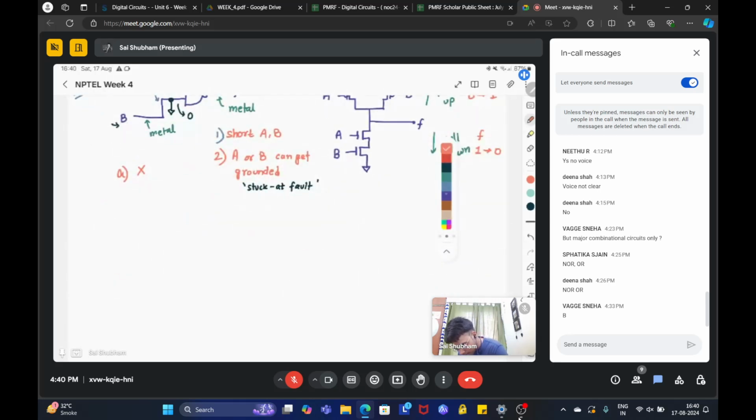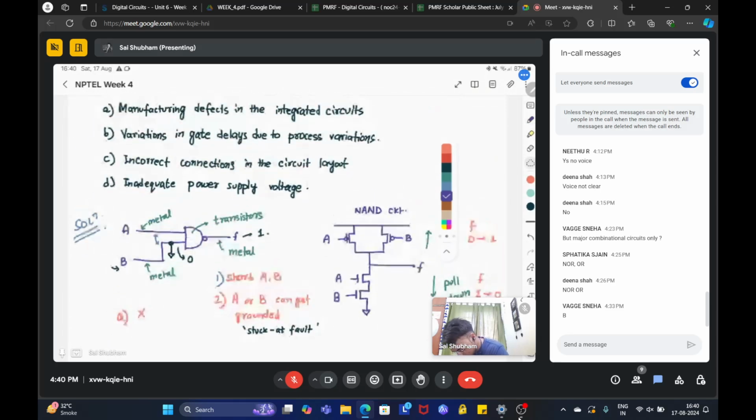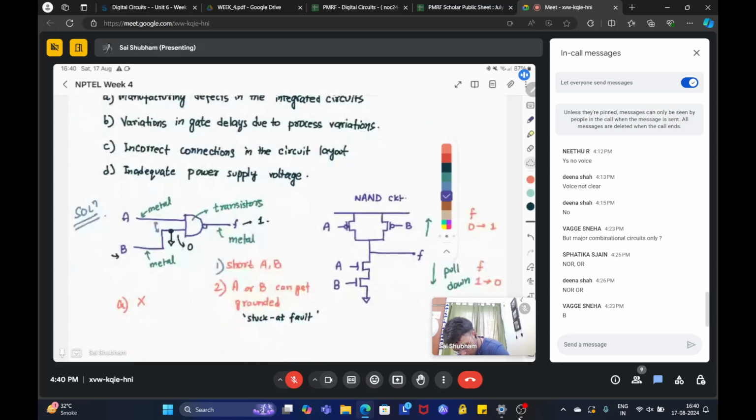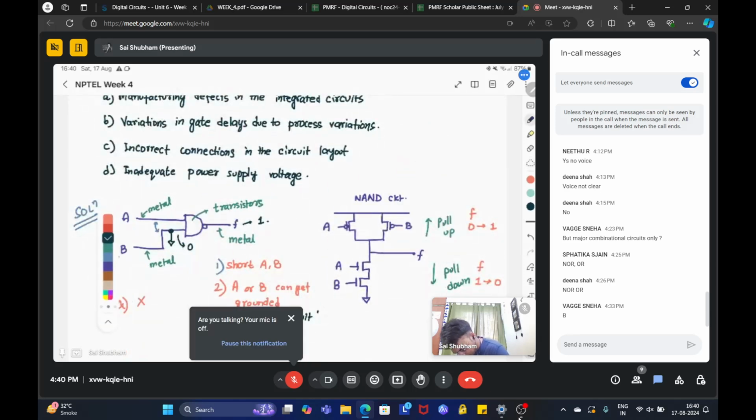So what about option B? So here option B says, so this was about manufacturing defect, right?